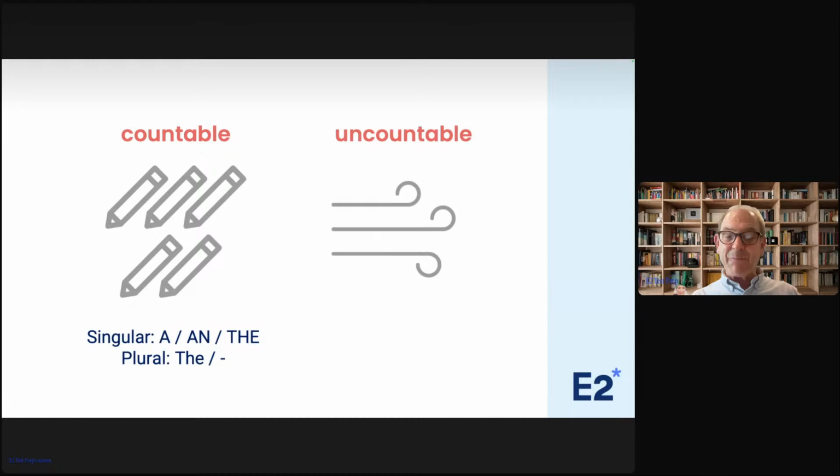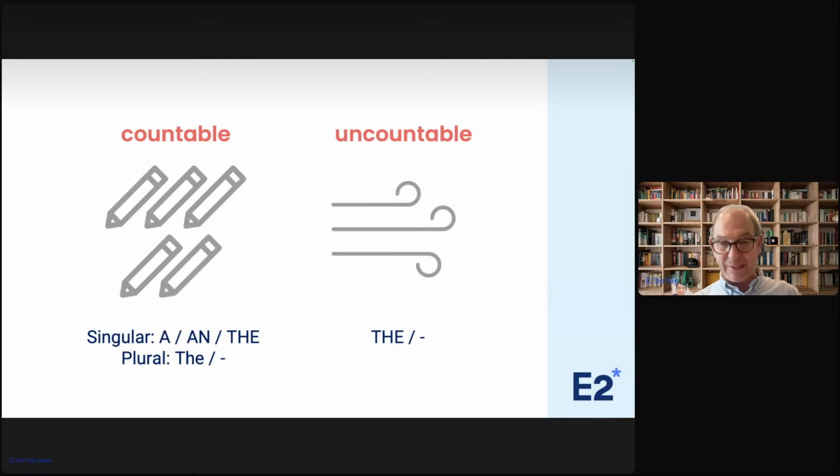In countable nouns, things, we use in the singular a and the, and in the plural the or zero article. A and an is like un, une, ein, or uno, like one. So a or an, one; the, one; plural, the or zero article, and we'll learn about that.